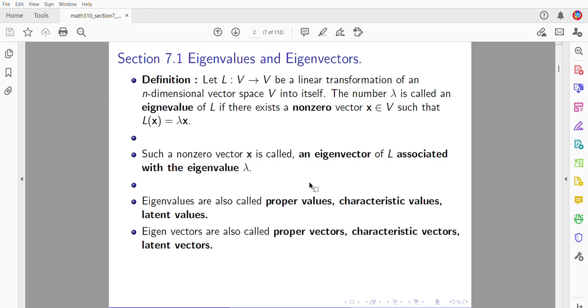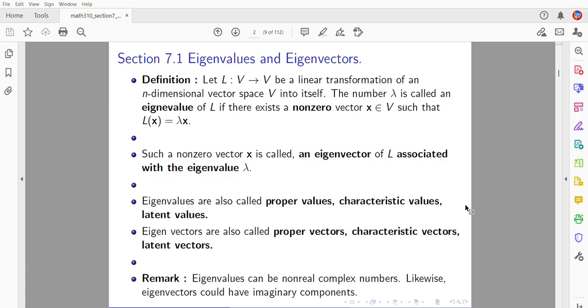Likewise, eigenvectors can also be called proper vectors, characteristic vectors, or latent vectors. These are just different terminologies. Remark. Eigenvalues can be non-real complex numbers. Eigenvectors could have non-real imaginary components.